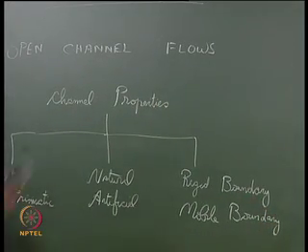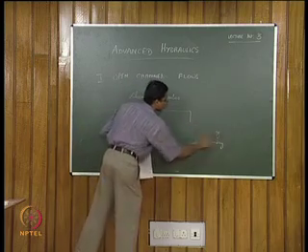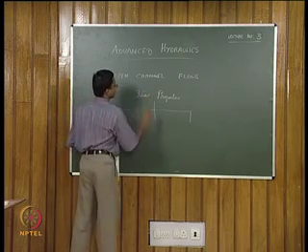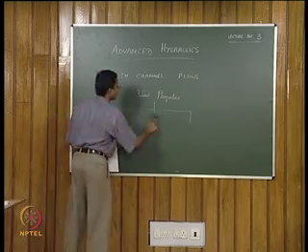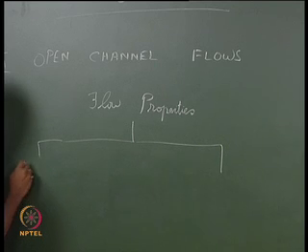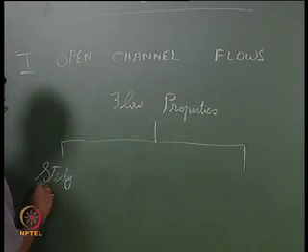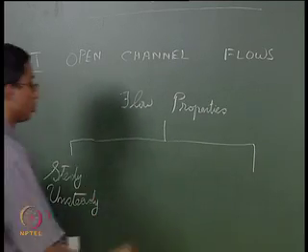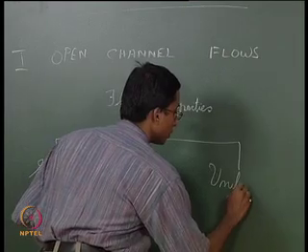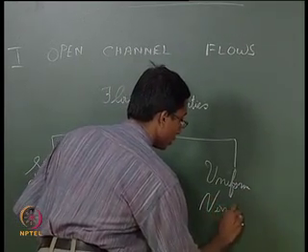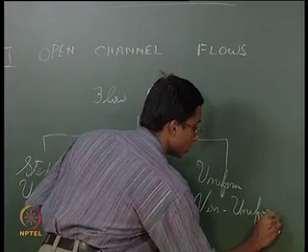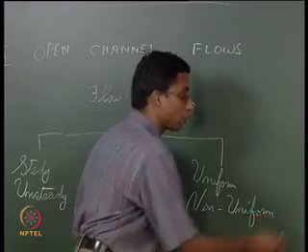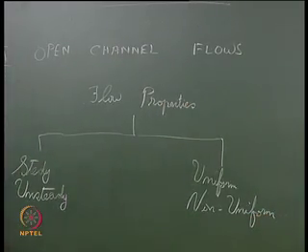Based on the flow properties, we had defined the flow in channels as steady and unsteady, uniform and non-uniform. In non-uniform flow, further, we have just briefly mentioned gradually varied flow and rapidly varied flow.